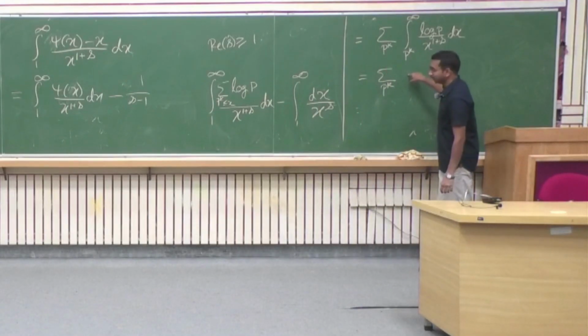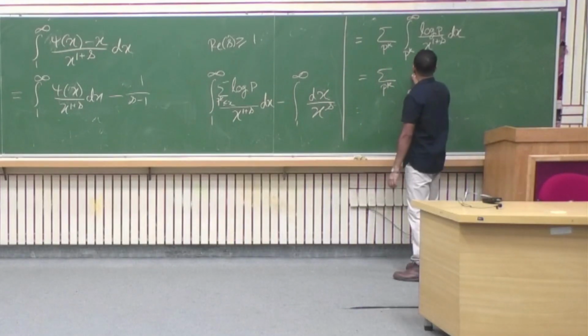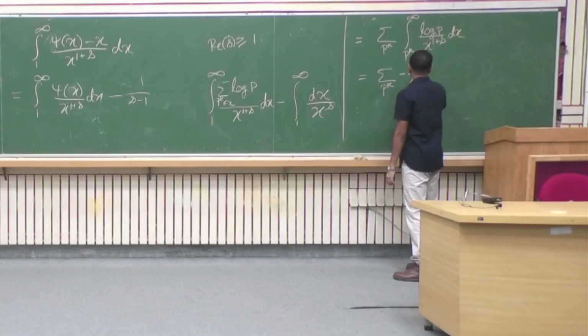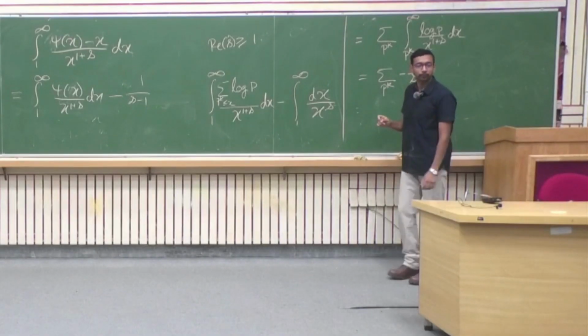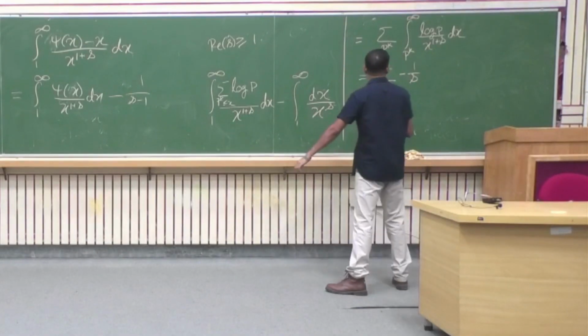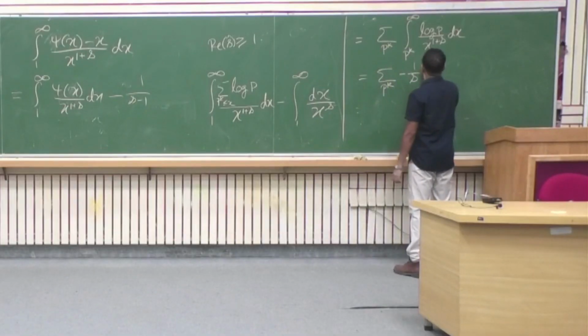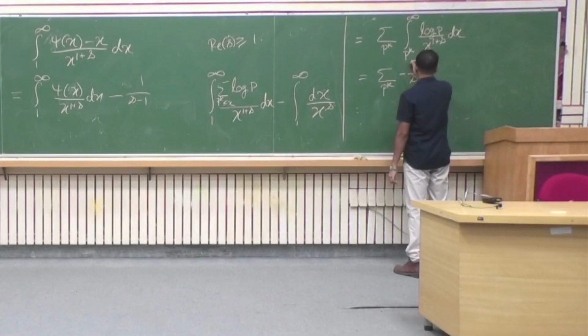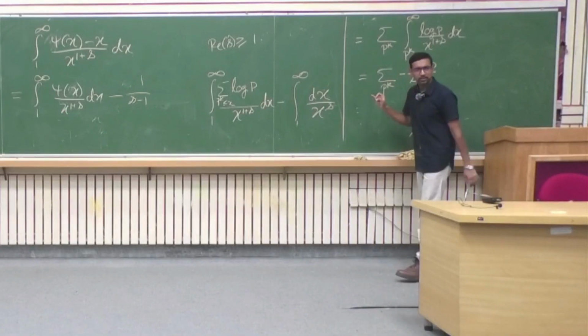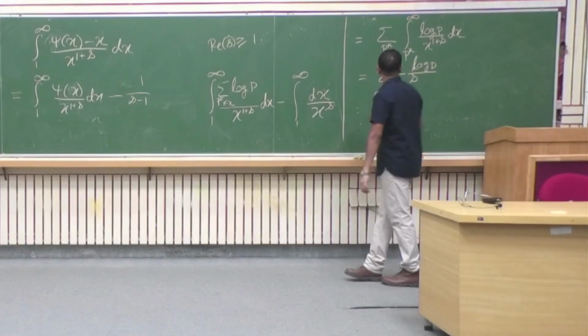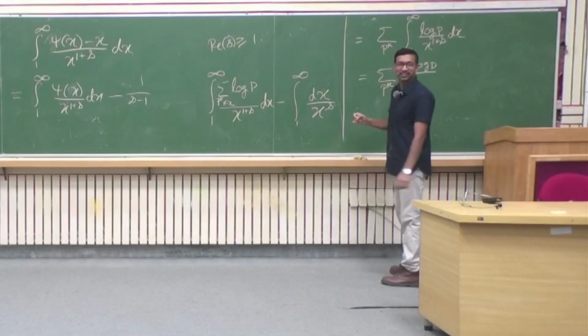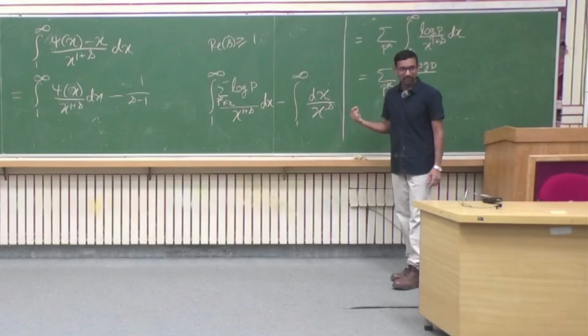So then inside you are getting minus 1 by s, and what? P to the power. So upstairs you are getting log p, below you are getting s. Have you checked? After taking the limit, you are getting a negative sign, right?